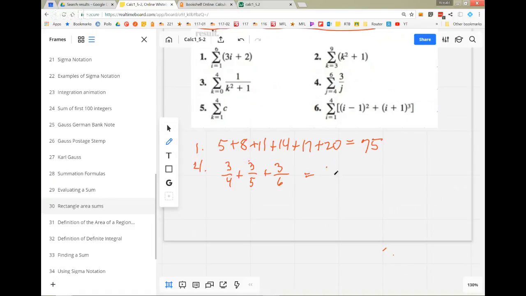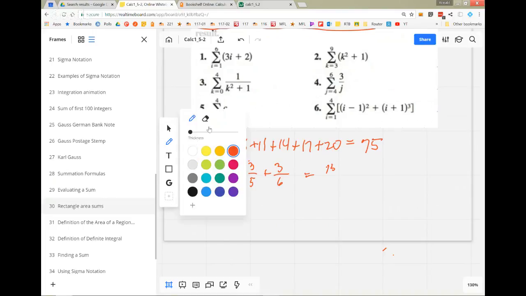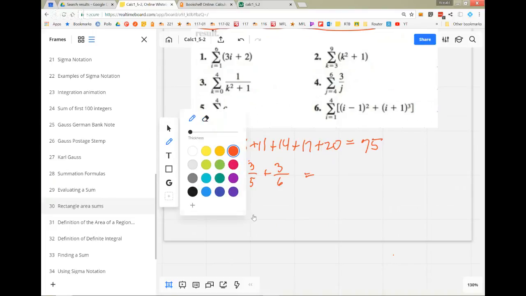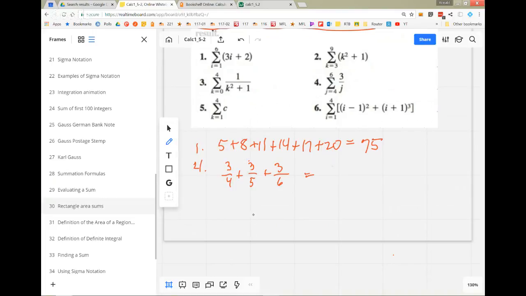So to get 60, 4 goes into 60 15 times. So multiply top and bottom of that first fraction by 15. 15 times 3 is 45/60.